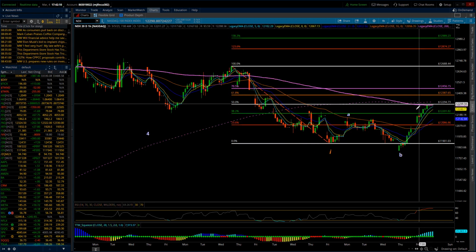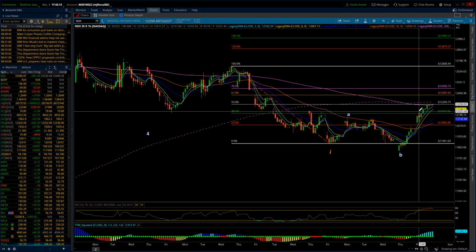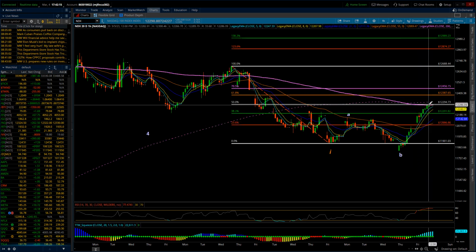But I can go 1, 2. It's a little bit different here. You can go 3, 4, and that's a 5. Because of the NDX and actually the SPX, we can count on both that they could be done. I don't believe at this juncture that one would start declining significantly versus the other one not.